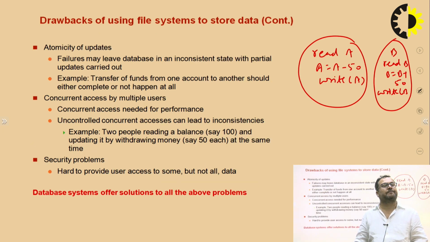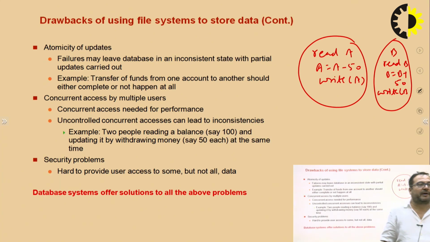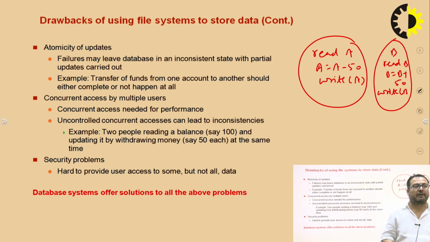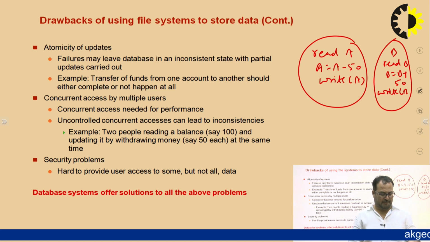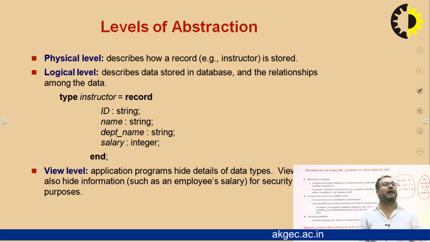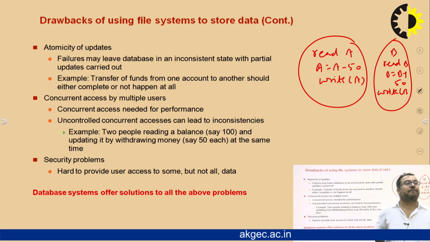Database offers a solution to all the above problems, because if we keep data in a structured format, we can maintain all these things. Inconsistency can be eliminated to a great extent using the concept of normalization, and we can maintain all the properties.